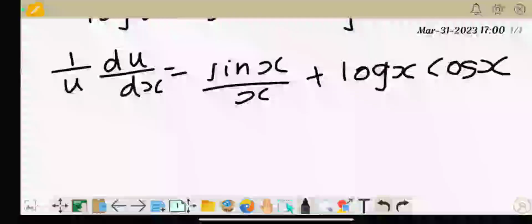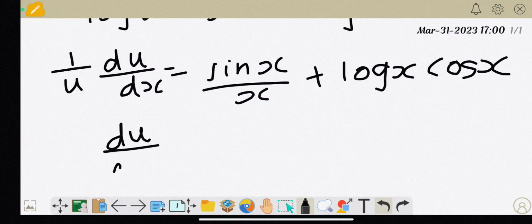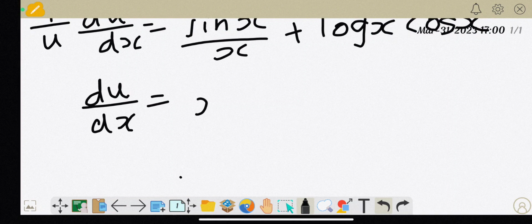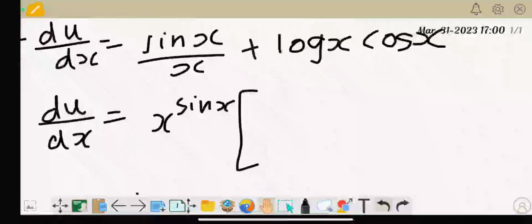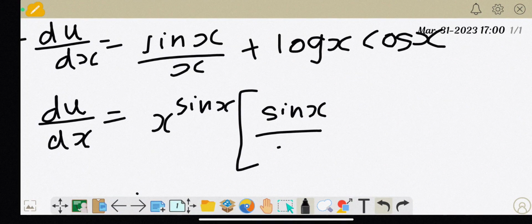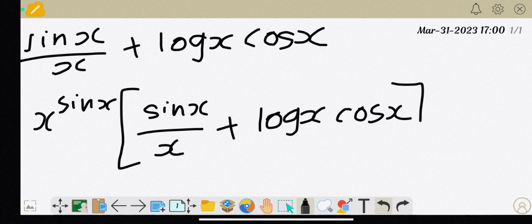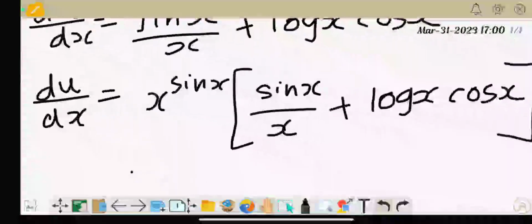Then du by dx is equal to u, which is x to the power sin x, into sin x by x plus log x cos x. So this is du by dx.